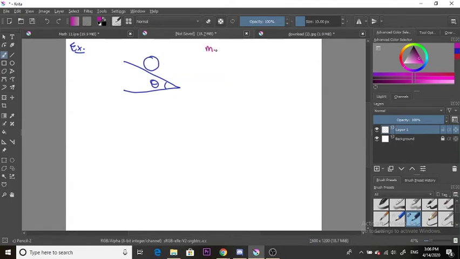So actually, mass is 100 kilograms. We know that the angle is 40 degrees. And we want to know what is the force of friction for the block to descend at a constant velocity.